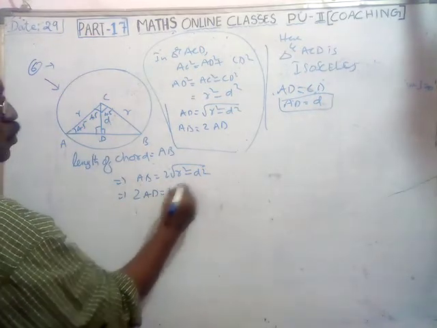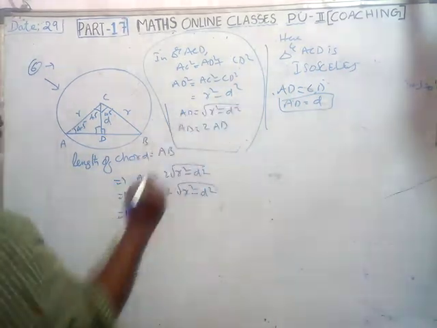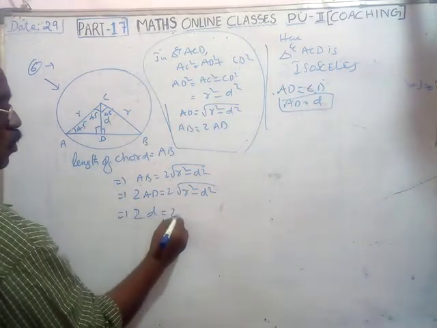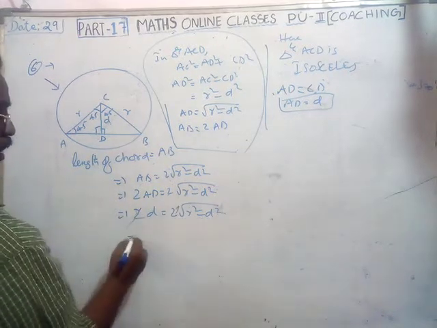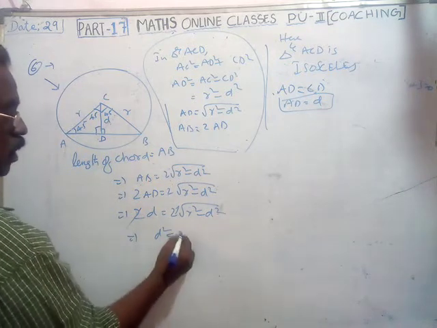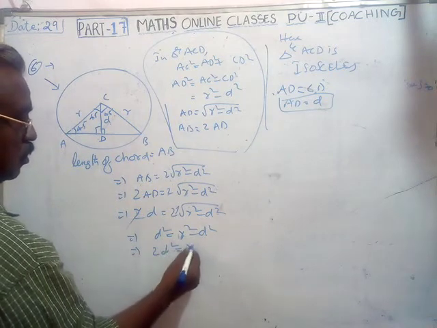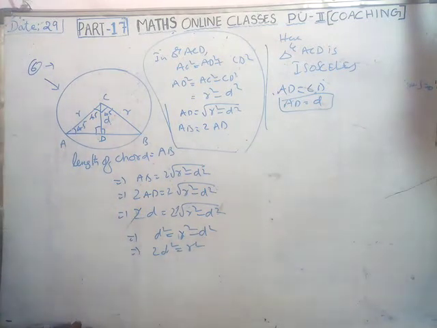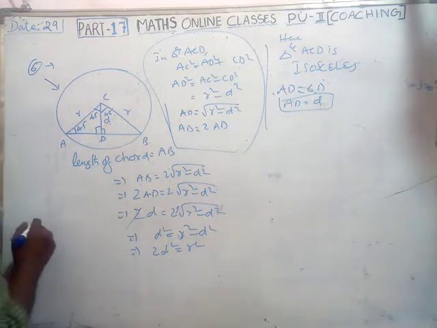It is 2 root of R square minus D square. What is AD? It is D, so 2D is equal to 2 root of R square minus D square. 2 cancel. Making the square, D square is equal to R square minus D square. So 2D square is equal to R square. But what is AB?